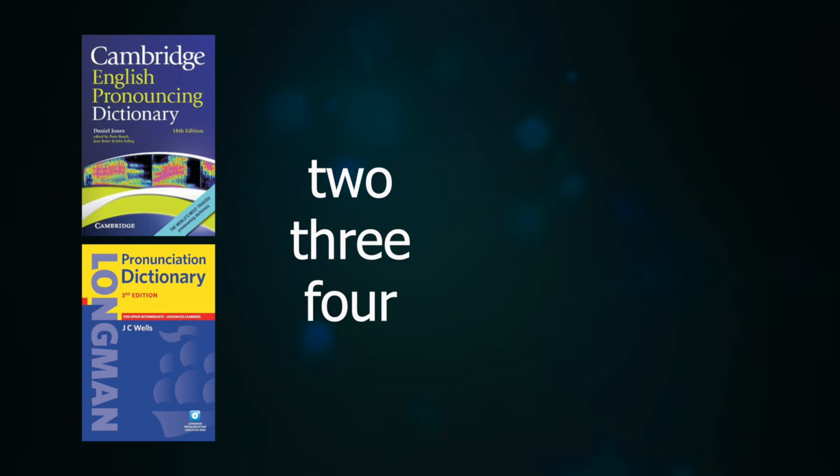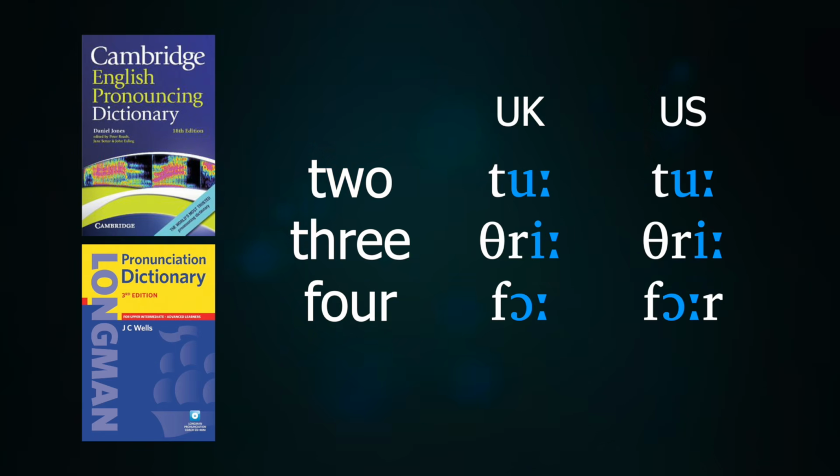Note that these facts are not what various resources lead us to expect. The two most influential pronouncing dictionaries show the same long vowels in both accents, and since American 4 has the additional r sound that 2 and 3 lack, we might expect it to be significantly longer, which it isn't.